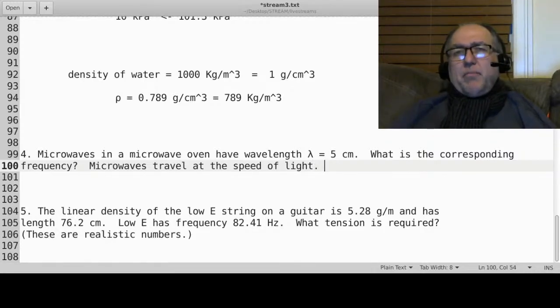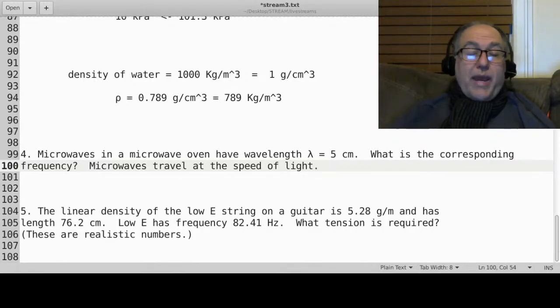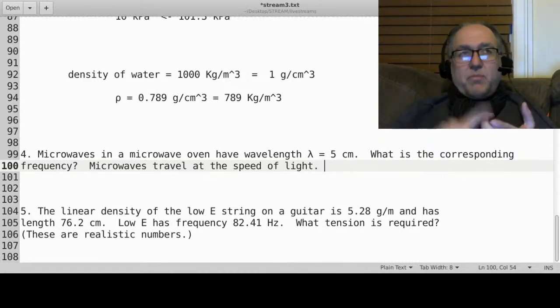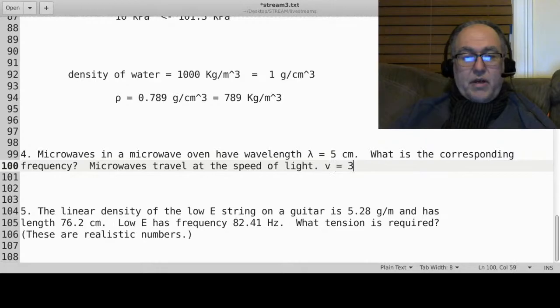We call it the speed of light, but light belongs to an entire spectrum known as electromagnetic waves, and all electromagnetic waves, radio waves, microwaves, infrared, visible light, ultraviolet, X-rays, and gamma rays, they all travel at a velocity of 3.0 times 10 to the 8 meters per second.